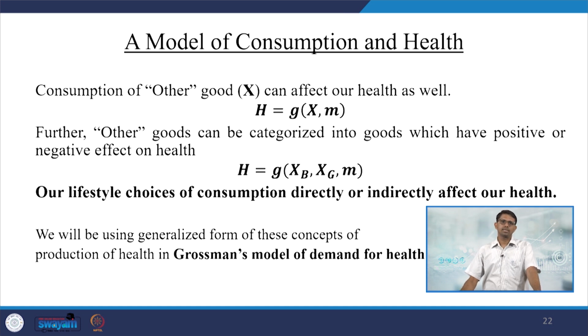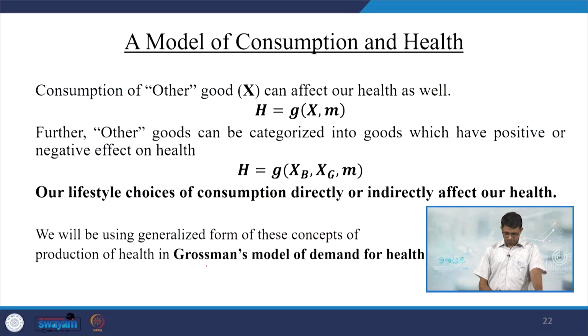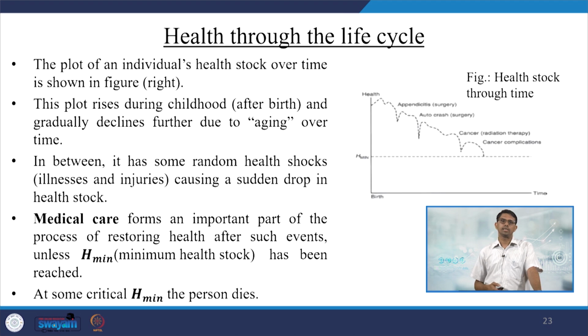Our lifestyle and choice of healthcare directly or indirectly affect our health, depending upon the choice of goods you are consuming, positive good or negative good. We will also be using a generalized form of this concept of production of health in the Grossman model of demand for health, where Grossman considered health as an asset, as a capital to start with in the production function. We will be discussing this in our successive chapters.